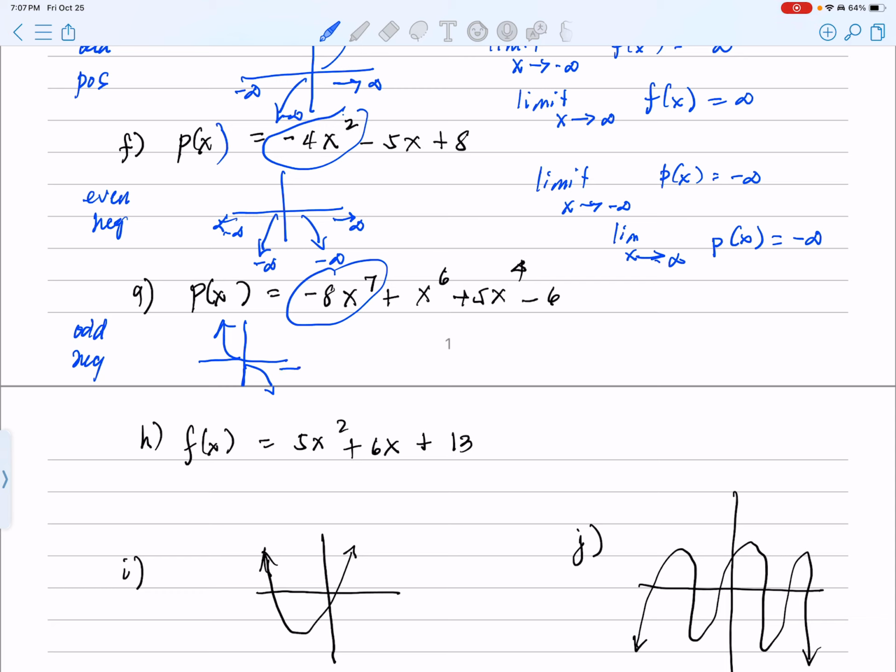Right, as x approaches positive infinity as well as negative infinity, then the end behavior is negative infinity and positive infinity. So we could write that as x approaches a negative infinity, the p of x approaches a positive infinity.